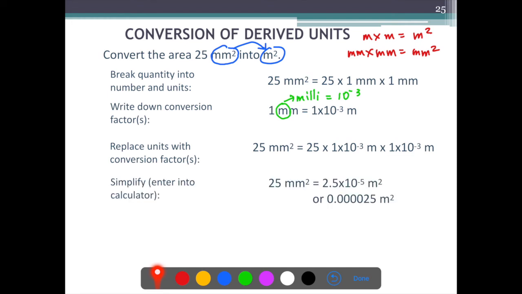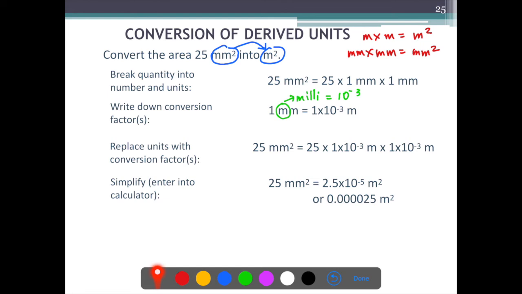Then you do the calculation, and if you did it in the calculator, it would give you 2.5 times 10 to the negative 5 meters squared. Right, so that's the conversion for 25 millimeters squared into meters squared.